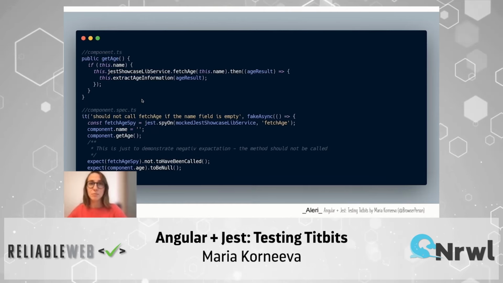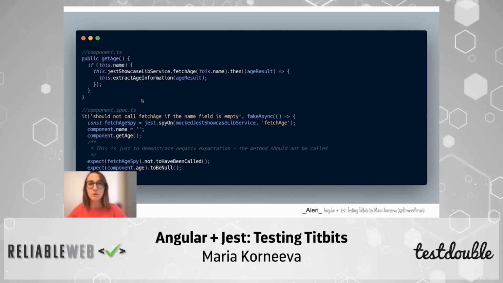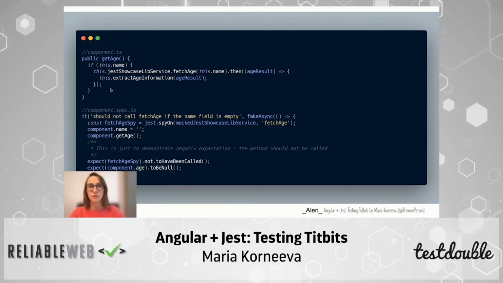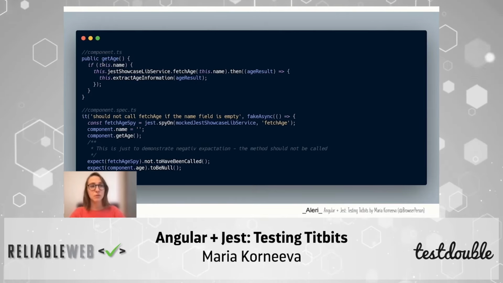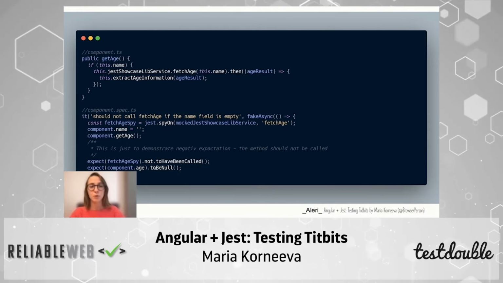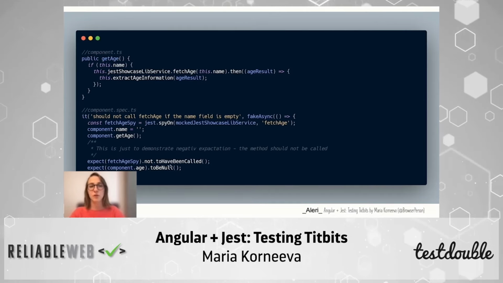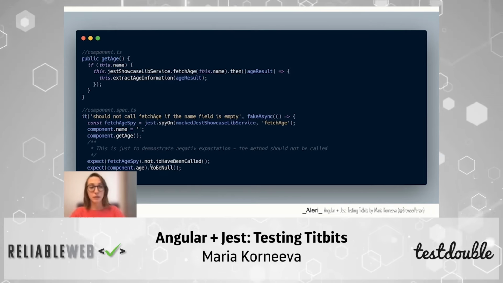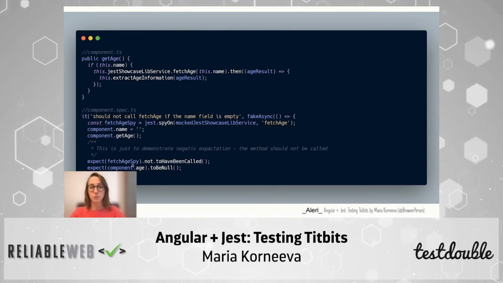For the sake of completeness, let's have a look how to test that our spy hasn't been called at all. So with the same method, you don't provide any name, you call getAge. You put not in front of toHaveBeenCalled to negate the expectation to test if your spy has been called.